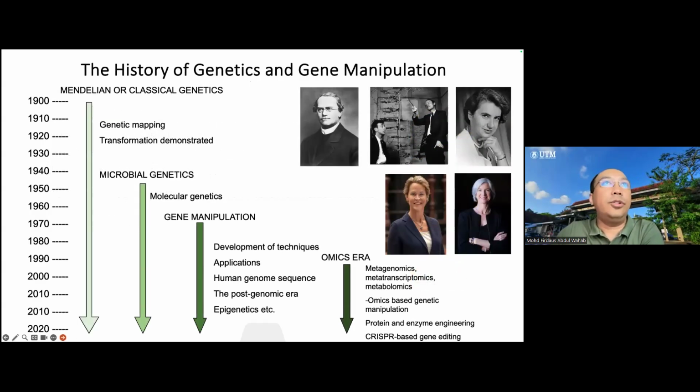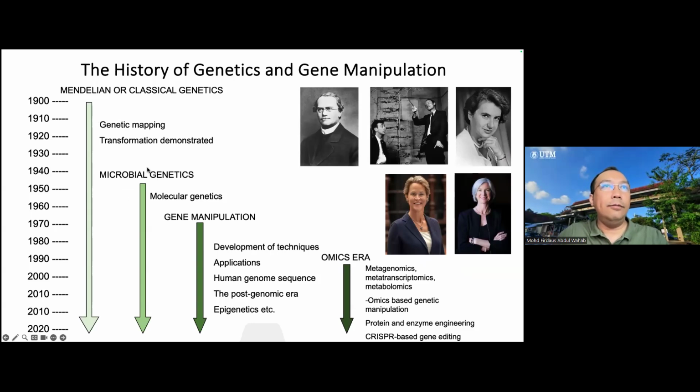So, a little bit of the history of genetics and gene manipulation. In the 1900s, Gregor Mendel was investigating genetics by observing the color of pea flowers. That's how he discovered that traits are passed to the offspring. From then onwards, the field expanded very rapidly.